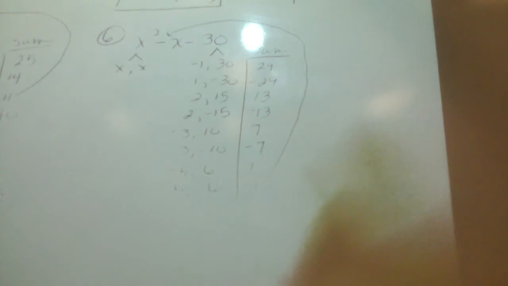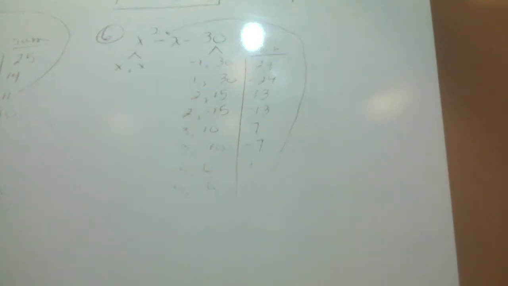And then we've got negative 5, 6, 5, negative 6. Let's take the sum. I've got 29, negative 29, 13, negative 13, 7, negative 7, 1, negative 1. It just so happened it was my very last option here. This negative 1 matches this negative 1. So this is the factor pair I'm going to be working with right here.